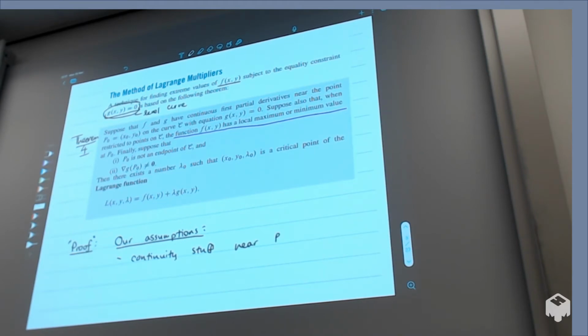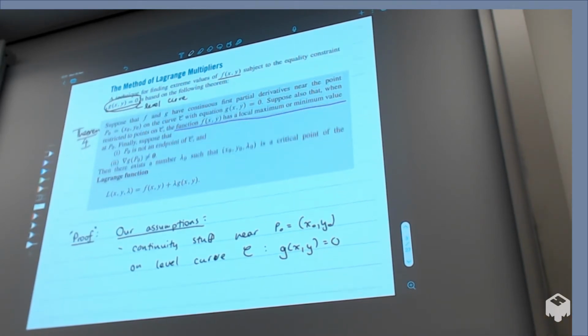near some p naught on our level curve. Okay, so that's the first sentence, and there's nothing particularly crazy here.